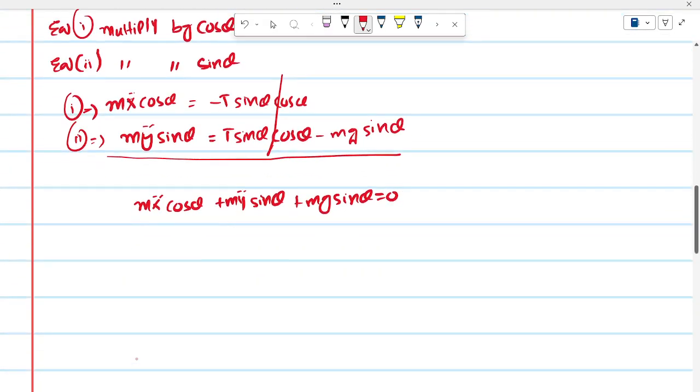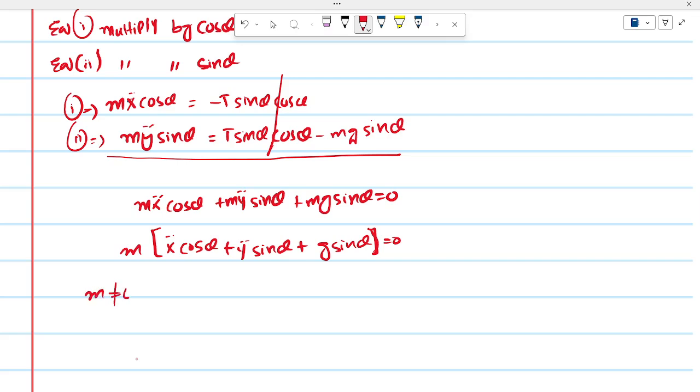Here you can substitute the values of x double dot and y double dot so that you end up eliminating the x and y altogether, and just take m on the other side. So m times x double dot cosine theta plus y double dot sine theta plus g sine theta equals 0. m cannot be equal to 0, so it necessarily means this equation will be equal to 0.